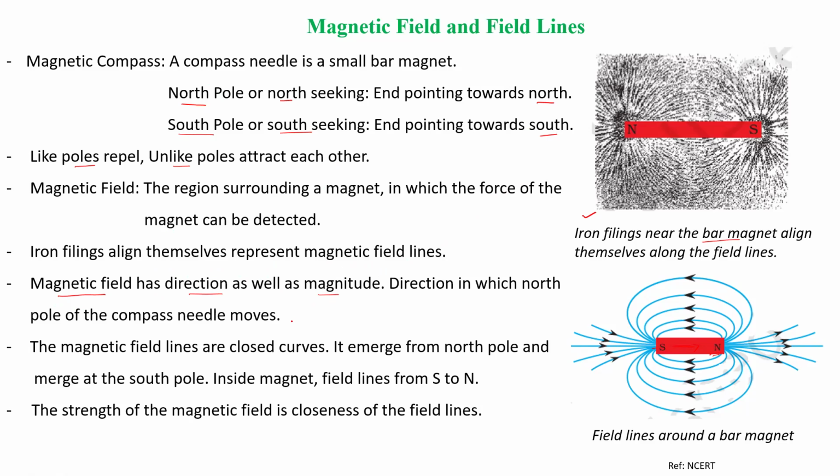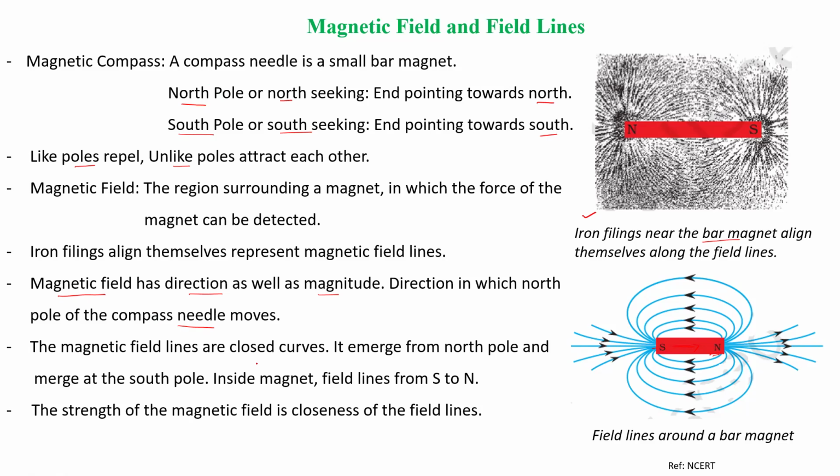Now, how do we find the direction of the magnetic field? Later we'll discuss the left hand thumb rule. But here by experiment, by activity, you can observe that the direction in which the north pole of the compass needle moves is the direction of the magnetic field.